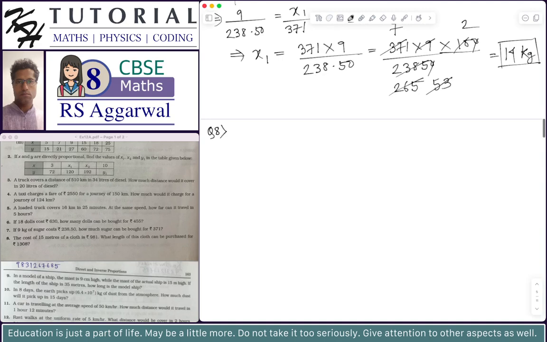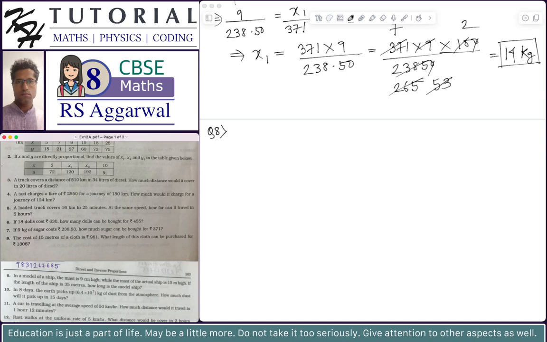Let's do problem number 8. The cost of 15 meters of cloth is rupees 981. What length of this cloth can be purchased for rupees 1308? Now the concept here is that the cloth should be the same and the quality of the cloth should also be the same.